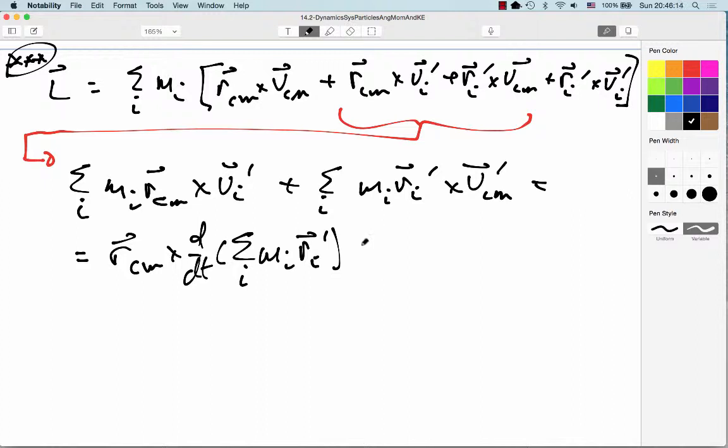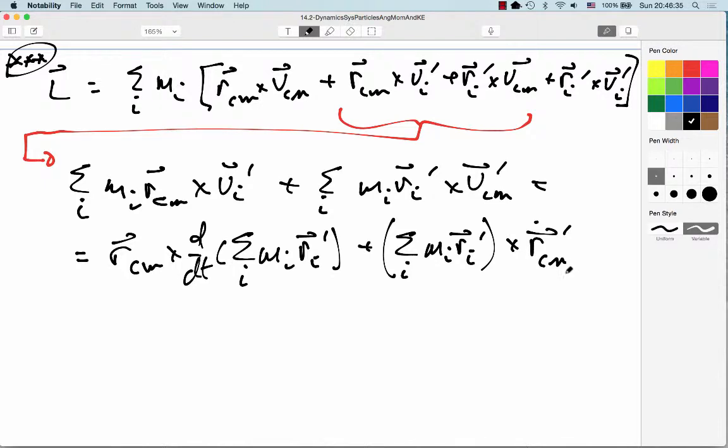And I'll do the same sort of thing here. I'll just say that this is the sum over i of m_i R_i prime. I'll group it, crossed into, and I'll write this as R_CM dot.